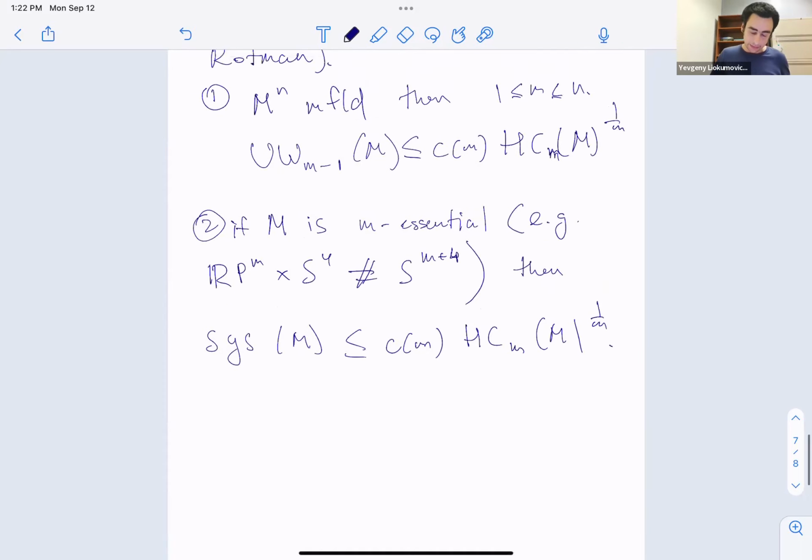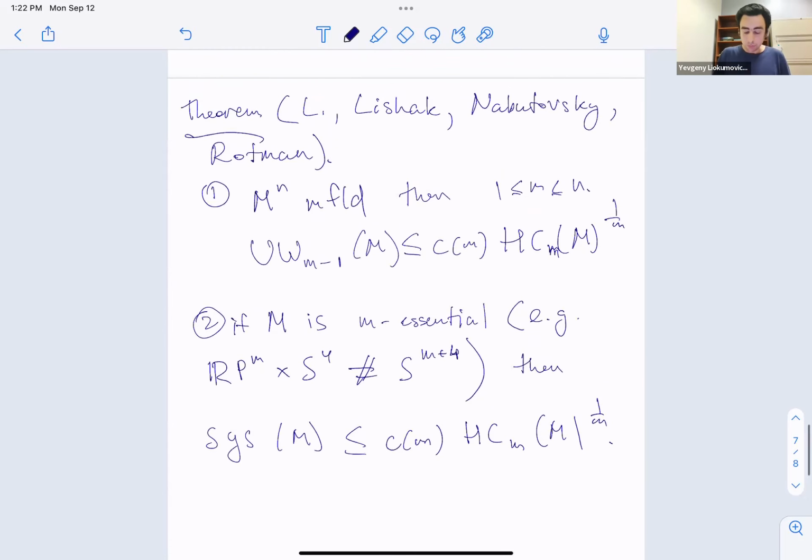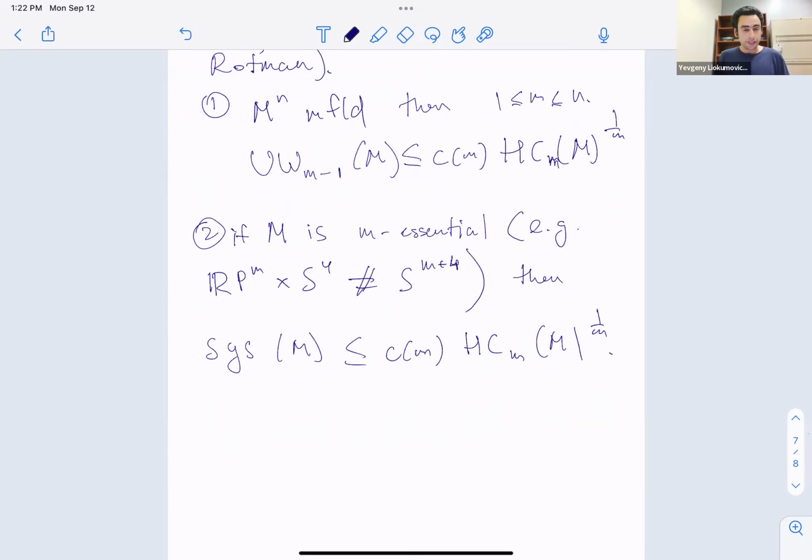And indeed, when m is equal to n, this inequality is an improvement, because Hausdorff content is smaller than the volume. But for other values of m, we get really a new inequality.